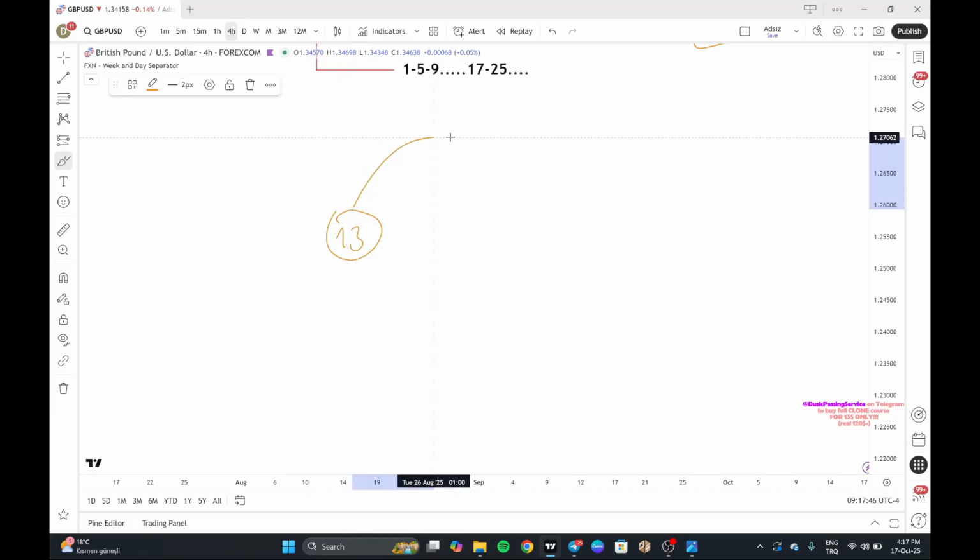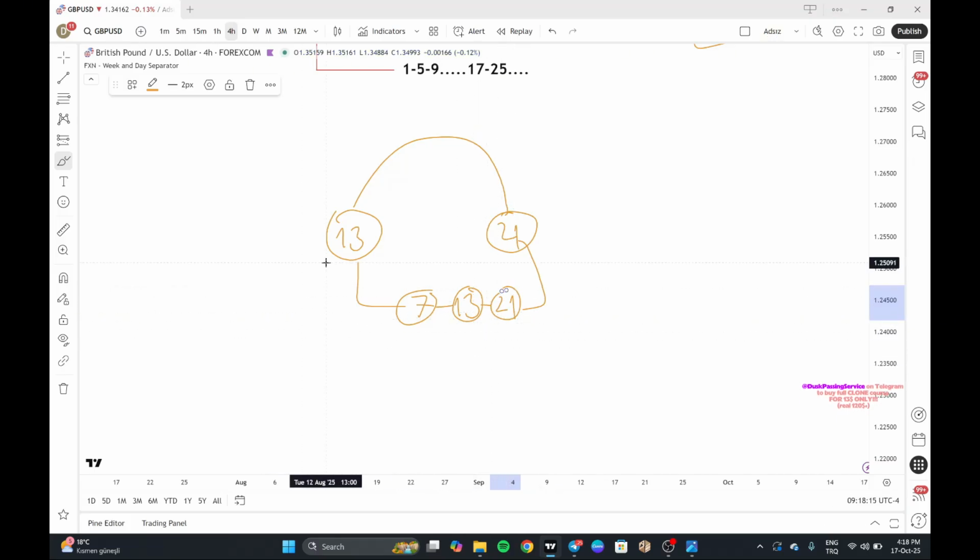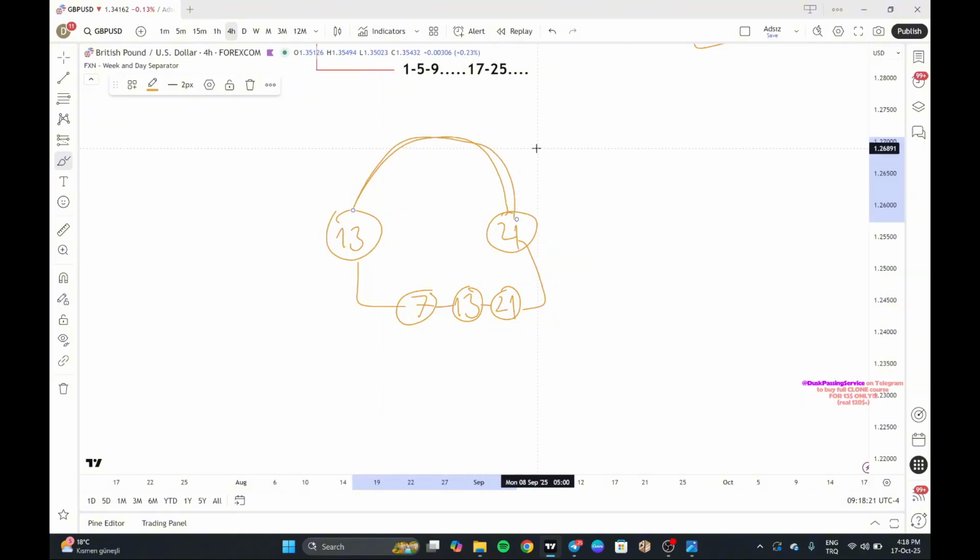Let's say we're going through 13 to 21 in any time frame, and as we go through 21, this is what might be happening on a lower time frame. Is time and price going from 13 to 20? Let's say daily chart, and let's say this is a 1 hour chart.